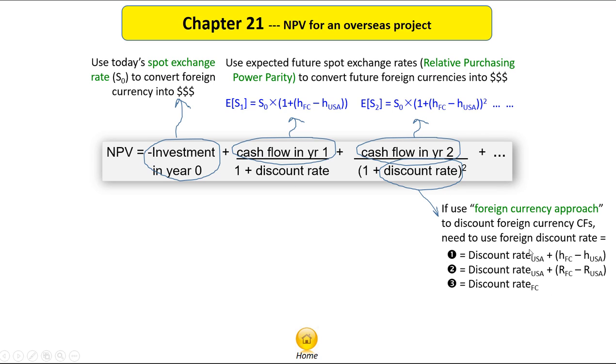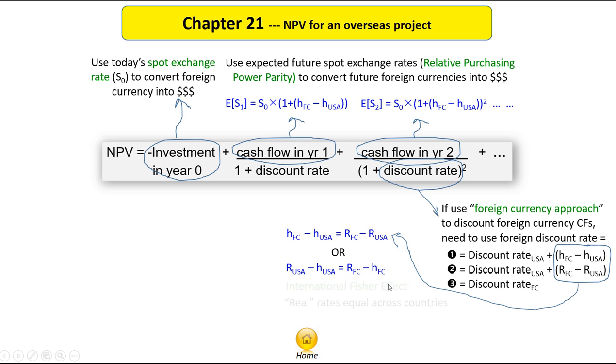Now, the first 2 scenarios for finding the foreign discount rate make it obvious that the difference between the foreign and the domestic inflation rates equals the difference between the foreign and the domestic risk-free rates. This could be rewritten as the US risk-free rate minus the US inflation rate equals the foreign risk-free rate minus the foreign inflation rate.